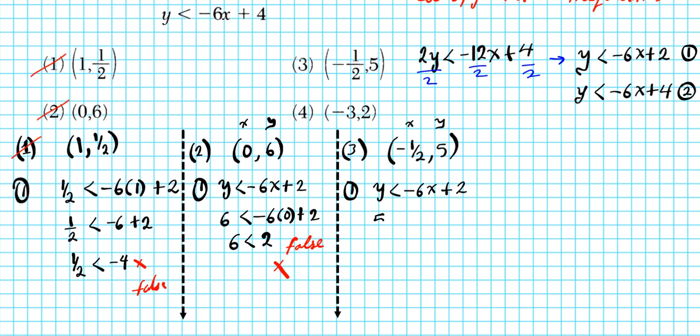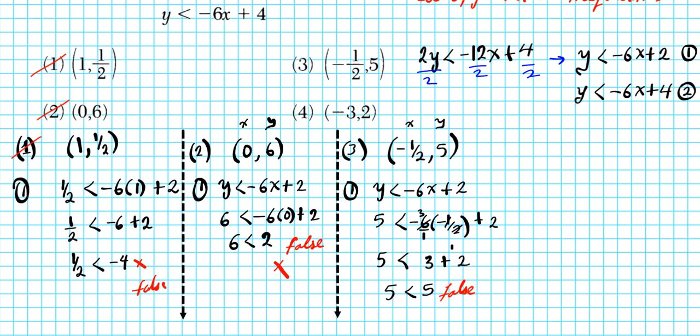So the question is, is 5 less than negative 6 times negative 1/2 plus 2? You can cross reduce: 2 goes into 6 three times. Minus times minus is a plus, so we have 3 plus 2. Is 5 less than 5? No, 5 is equal to 5, so this is false.